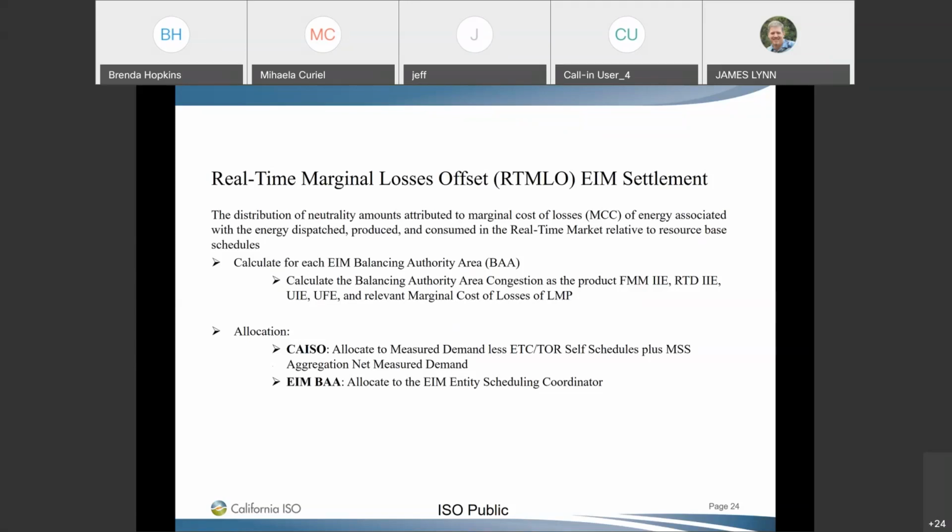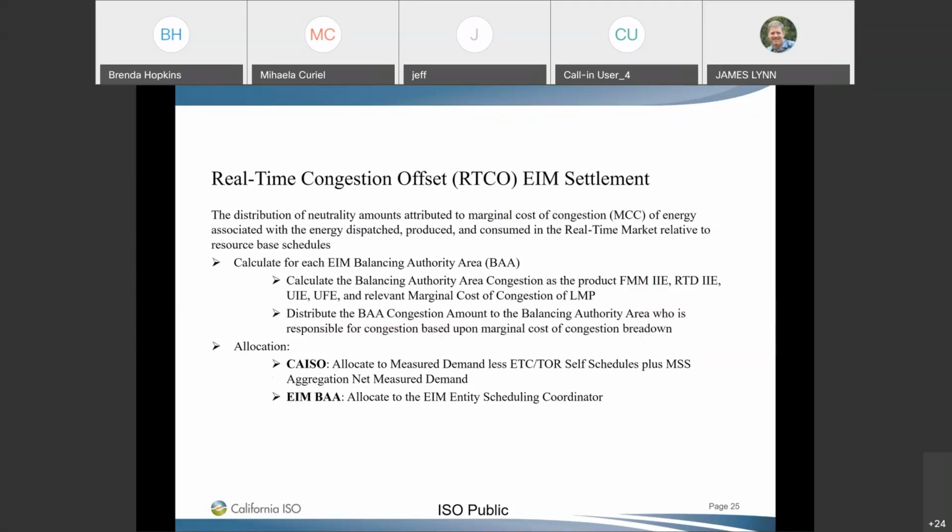Now, the more difficult one is the real-time congestion offset, because it's broken down into two elements. First is, like marginal cost of losses, I have to determine how much congestion neutrality I have in your balancing authority area.